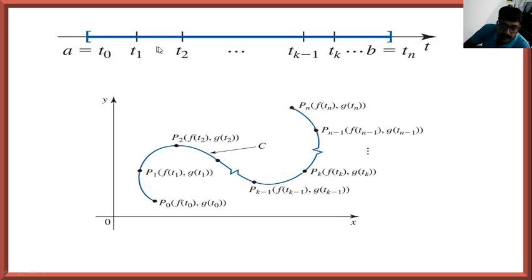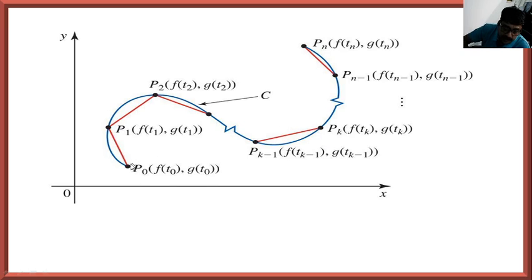Now, corresponding to these t0, t1, etc., tn of the closed interval ab, you mark all the points on this curve like p0, p1, p2, p3, etc., pn, where p0 is equal to f of t0, g of t0, p1 is f of t1, g of t1, and so on.